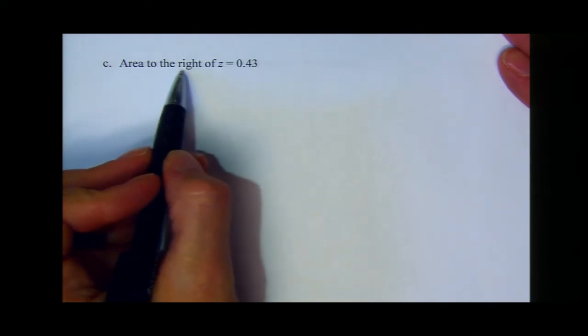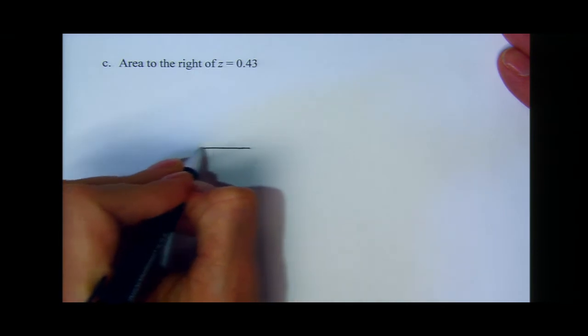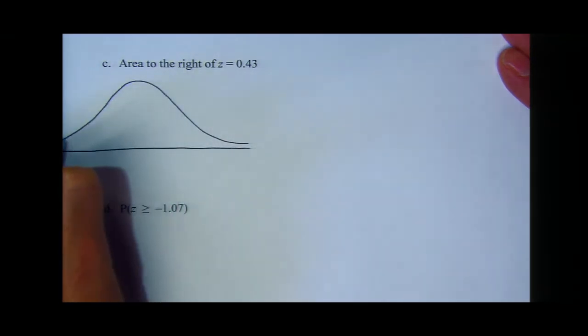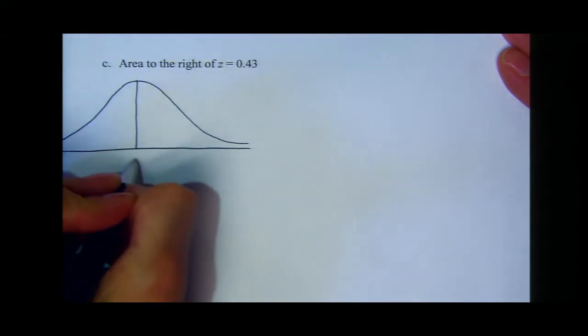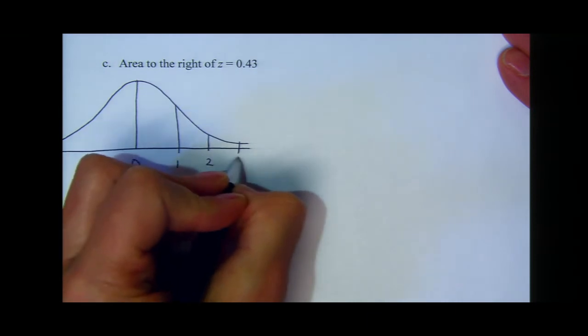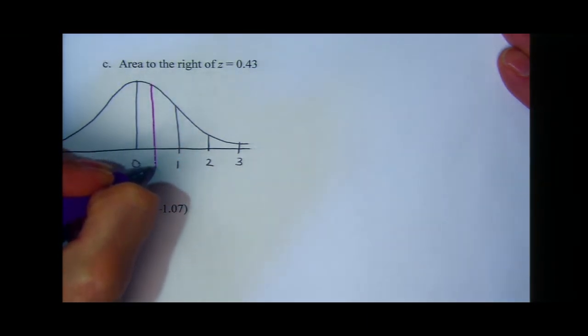So now this says, what is the area to the right of z equals 0.43? All right, so 0.43 would be approximately here.